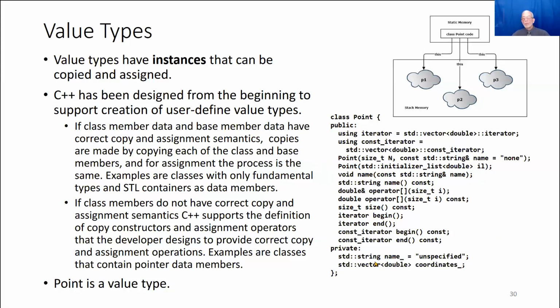But the way this point class is created, it does support assignment and copying, and we didn't need to write those operations because these members have the correct semantics. So C++ was designed from the ground up to support value operations, copying and assignment, because if you didn't provide them, the compiler will supply them for you simply by doing member-wise copying or assignment. And it does the same thing with bases.